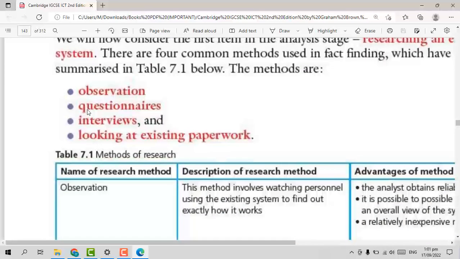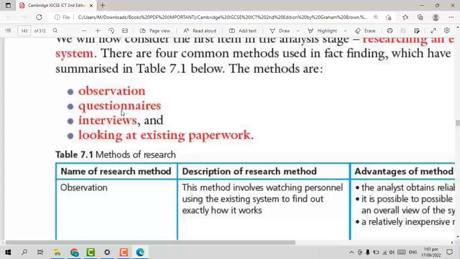It's that piece of paper they give you when you walk into a restaurant, asking how you found the food, how the ambiance was, and whether it took a long time to get your order. Those papers are called questionnaires. They want to find out how the clients or customers are getting their services or goods.